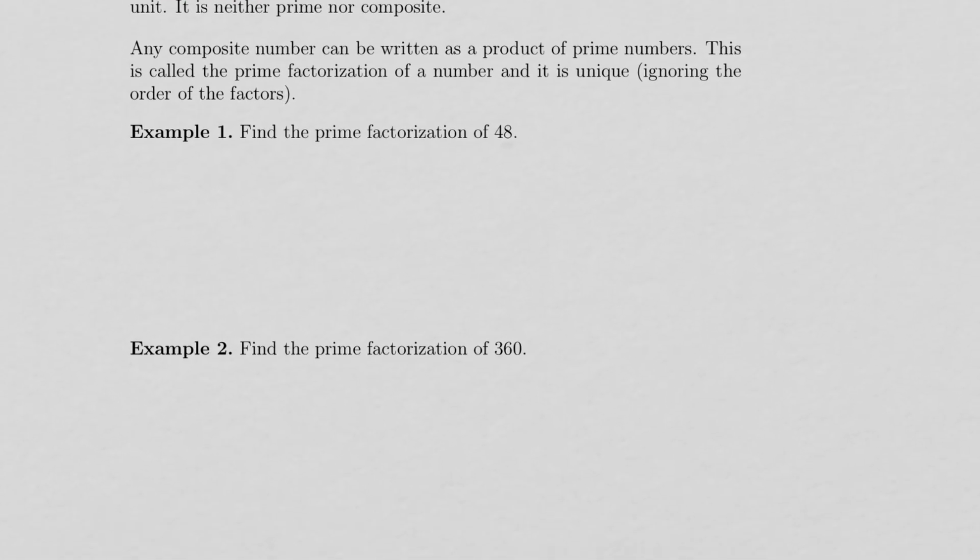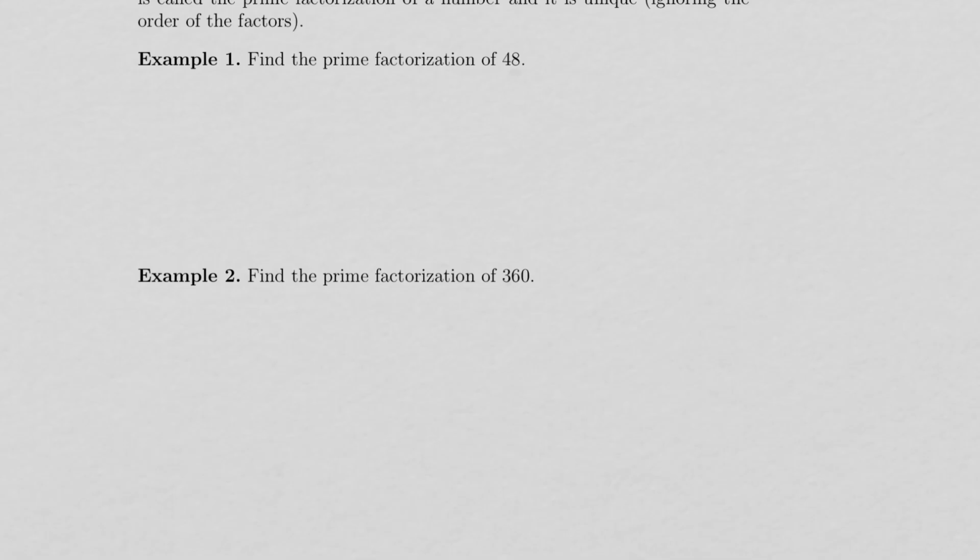So let me start with the prime factorization of 48. So I think the best way to do this is to do a tree. So I'm going to write 48. And then I'm going to branch off of the 48. And the way I like to do this is I always like to, on the left-hand side, find the lowest prime number that will go into the number I'm trying to factor.